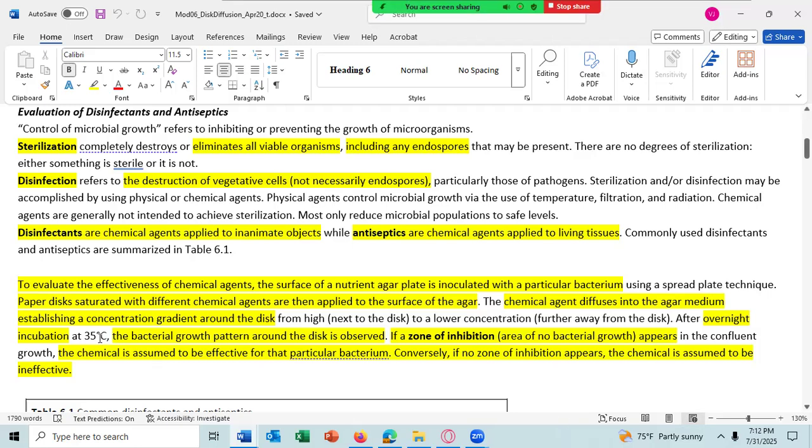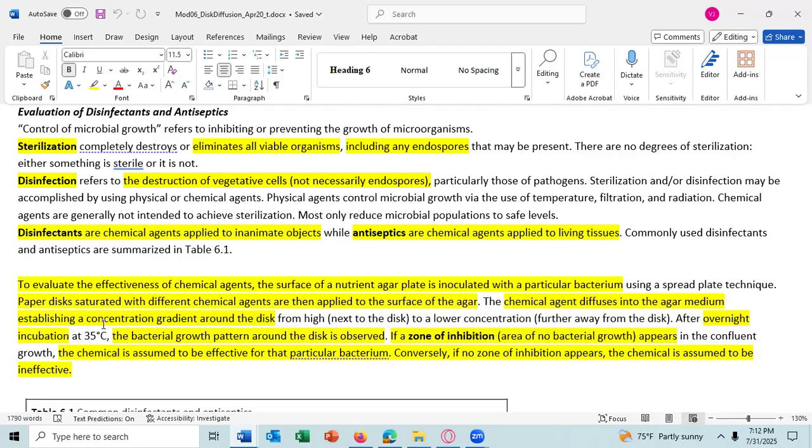To evaluate the effectiveness of chemical agents, the surface of a nutrient agar plate is inoculated with one particular bacterium. We get the bacteria to grow everywhere, so we call that a lawn of bacteria. Paper discs saturated with different chemical agents are then applied to the surface of the agar. The chemical agent can diffuse into the agar, establishing a concentration gradient around the disc.